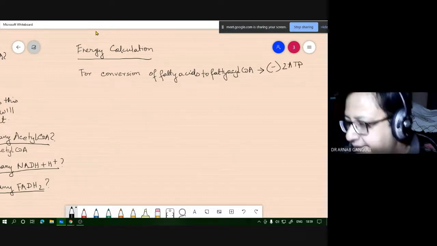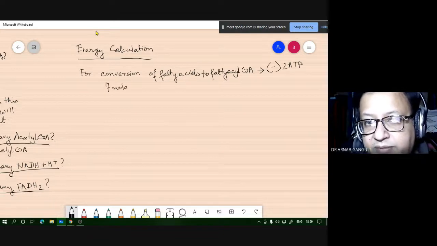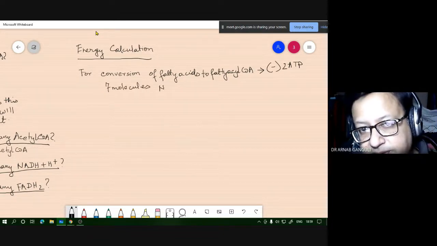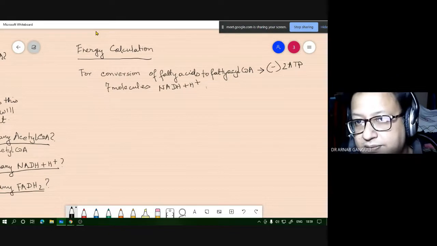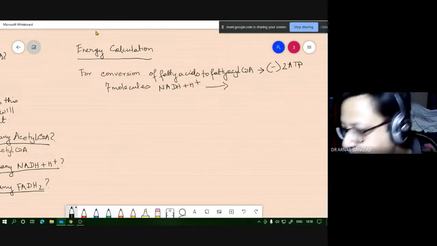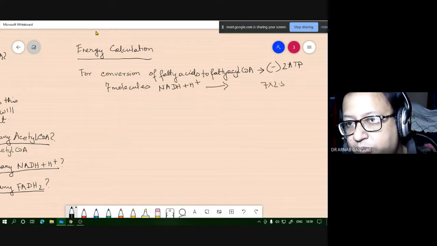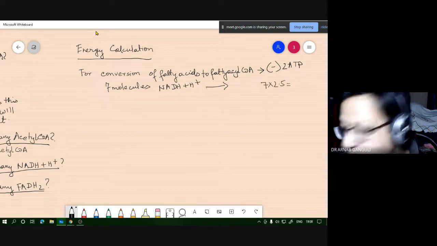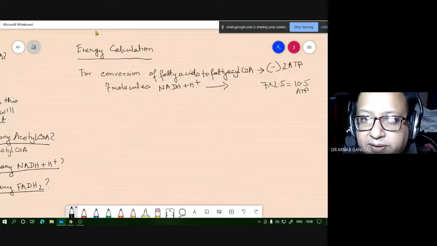ATP is spent, that's done. 7 molecules of NADH plus H plus, that is 7 into 2.5, that is equal to 17.5 ATP. Then we have 7 molecules of FADH2.